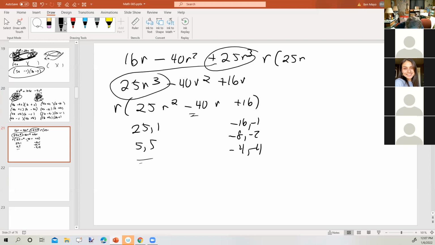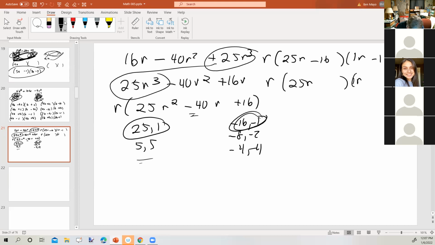The greatest common factor would be 25r and then 1r, and that corresponds to these two numbers. And then minus 16 minus 1 corresponds to those two numbers. Or I could have 25r and 1r, switching these two numbers around, minus 1 and minus 16. You see what I'm doing with all the combinations there?